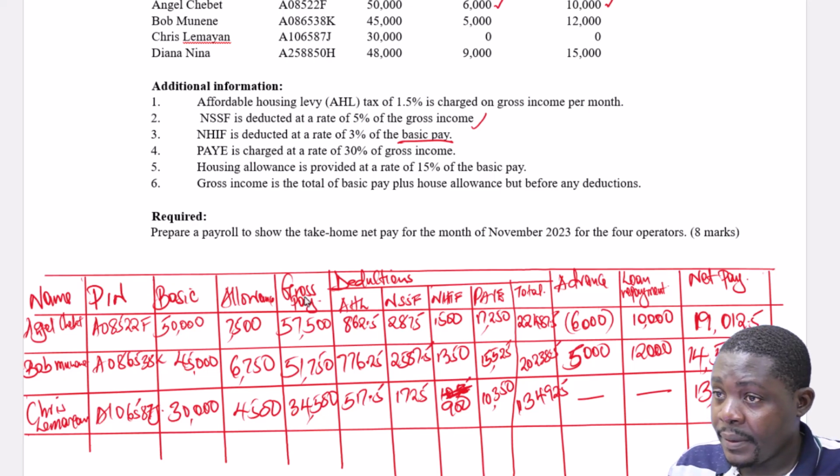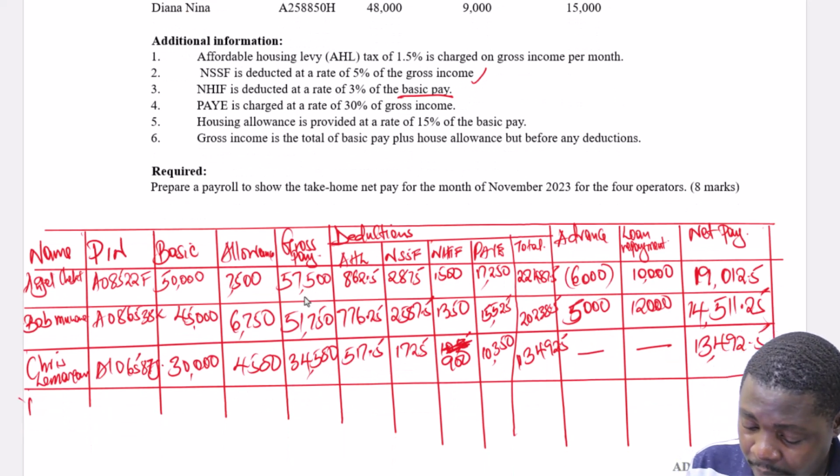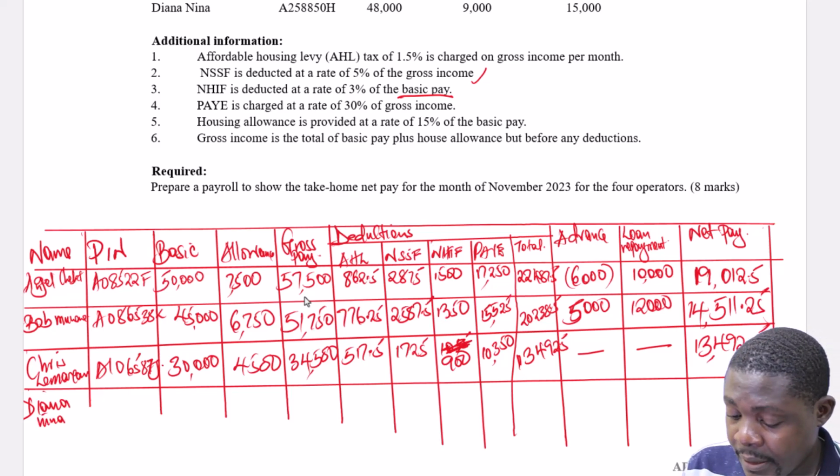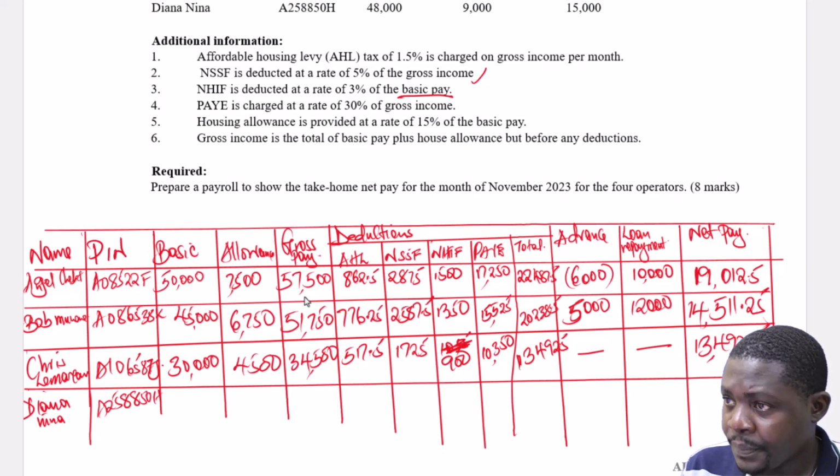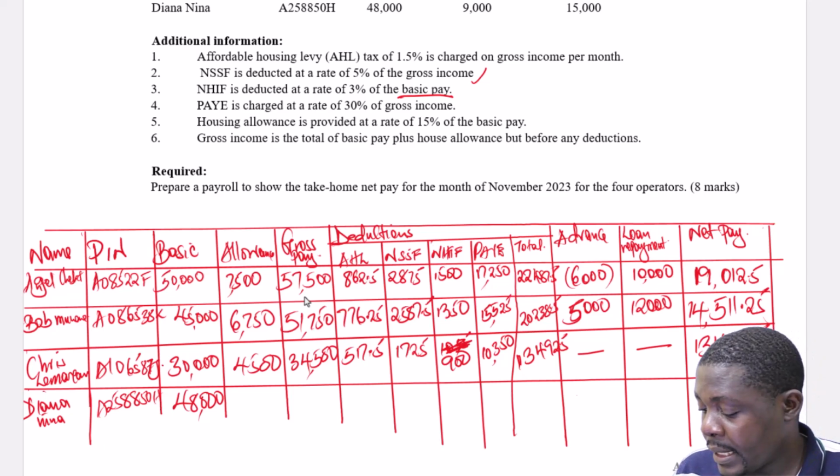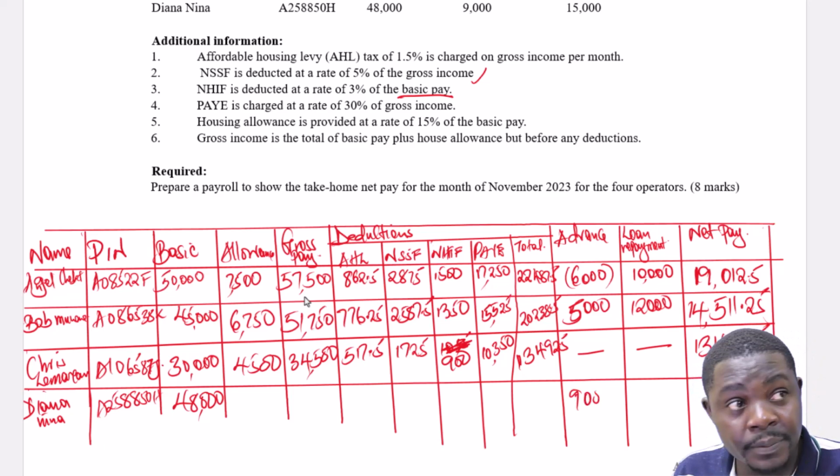Then lastly, we have Diana Nina, KRA pin is A258850H. Alright, the basic pay was 48,000. He had an advance of 9,000.